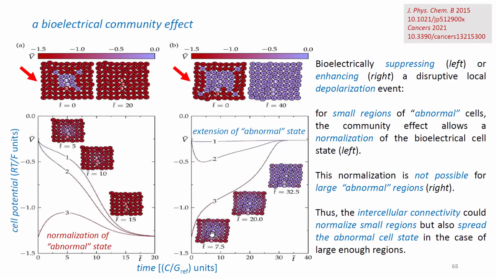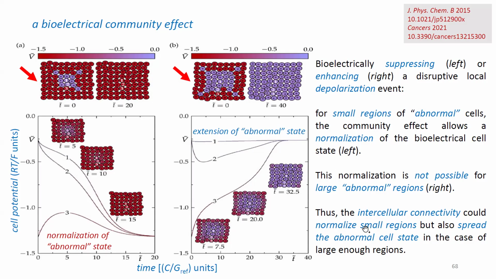However, when this abnormally depolarized group of cells is large enough in size, the contrary process is possible and the abnormal state, instead of being normalized, causes an extension to the surrounding cells which initially had, as you can see, polarized states.